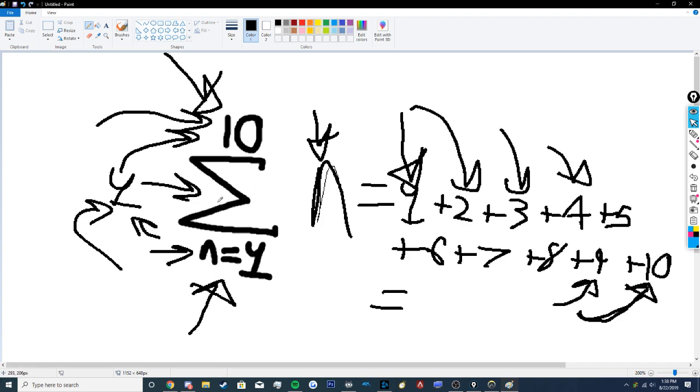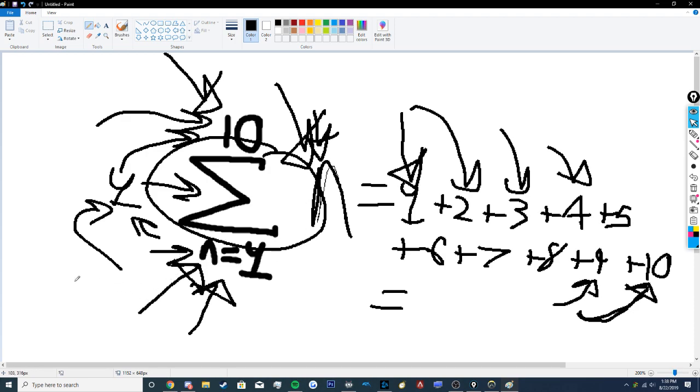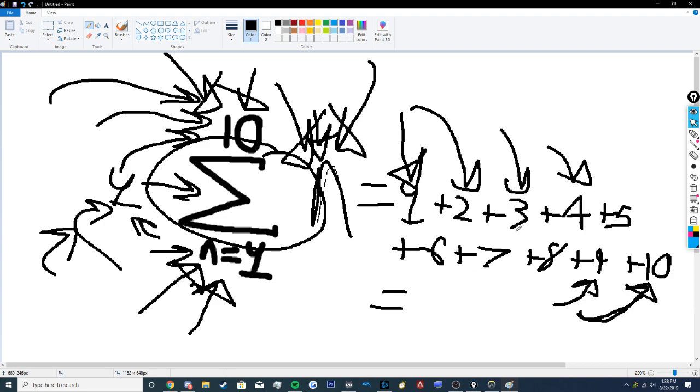The sigma here means the summation of whatever this formula is, with the variable equaling this and being incremented by 1 each time until it reaches this number, and that will be the last value that this variable will be, and then you add them all up.